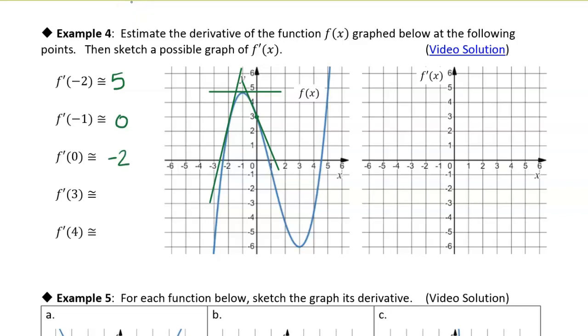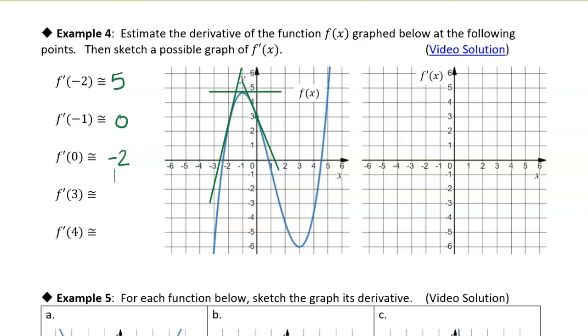Notice it's negative because we're going down 2 and over 1. So it's a negative rise for a positive run. And so I'm just going to say -2. That's close enough. I don't have to be too accurate. The hardest part is just estimating the slopes, because it's hard to get a line that's perfectly tangent. But just do the best you can.